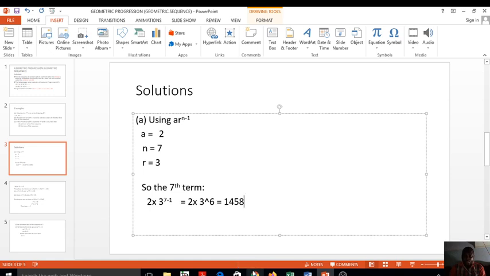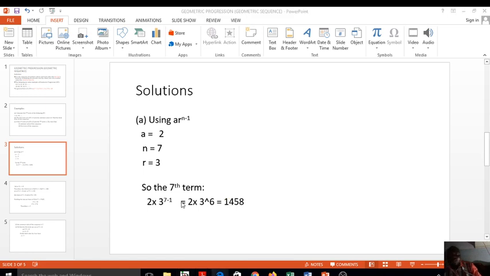There are several ways of cross-checking. 3 to the power 6 is the same as 3 multiplied by 3, six times: 3 times 3 times 3 times 3 times 3 times 3, and then multiply by 2 to get that value again, 1458.